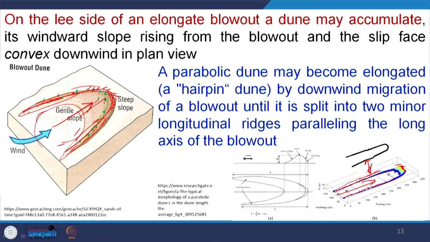That is why it is also called a hairpin dune. So the parabolic dune may become elongated like a hairpin by downwind migration of the blowout until it is split into two minor longitudinal ridges parallel to the long axis of the blowout.